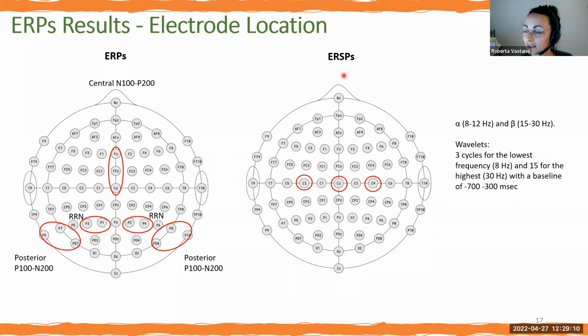Regarding the event-related spectral perturbation, we look at the motor cortex, so C3 and C4 electrodes, and we also look at the vertex. We calculated the spectral perturbation using wavelets with 3 cycles for the lowest frequency, which was alpha, 8 Hertz, and 15 for the highest, which was 30 Hertz for the beta, with a baseline correction of -700 to -300 milliseconds before the onset of the stimulus.